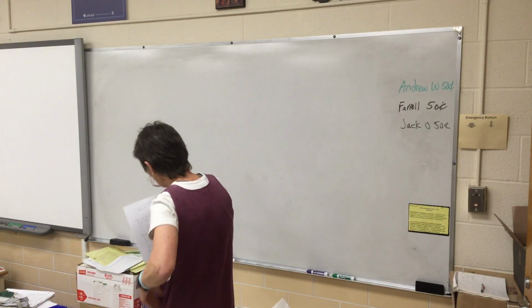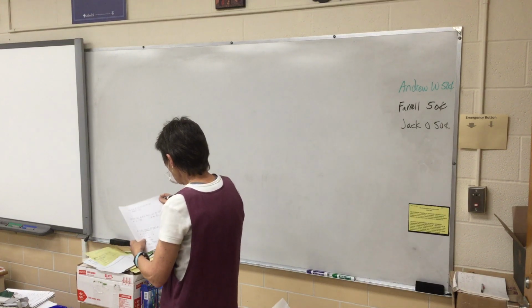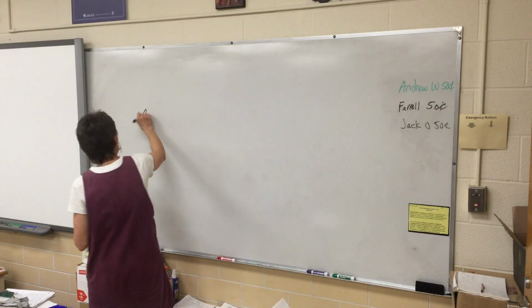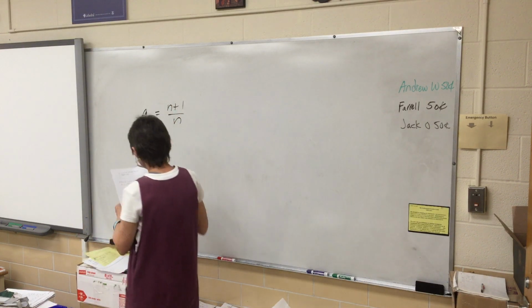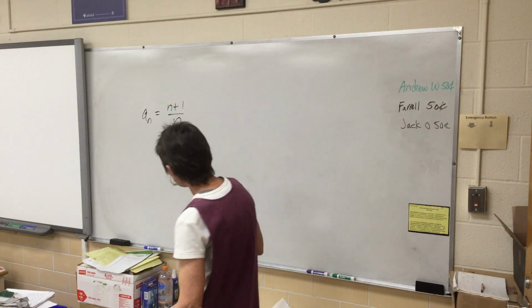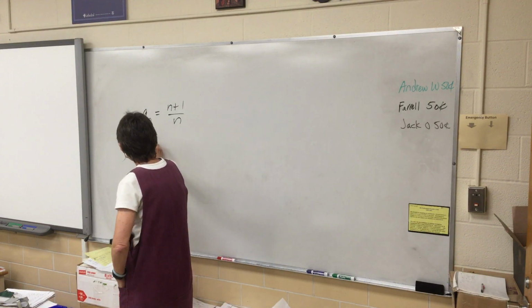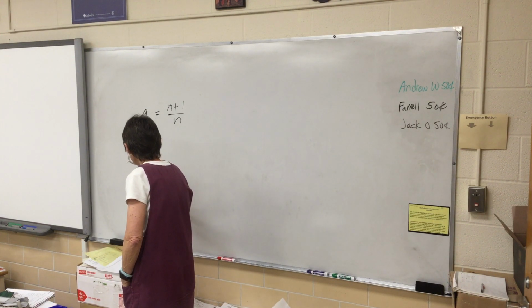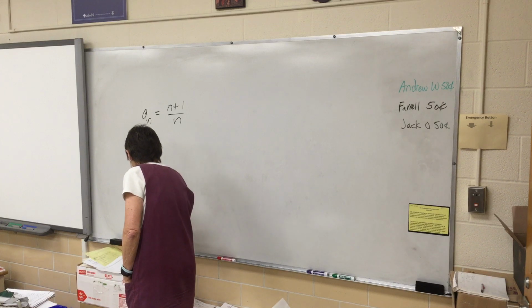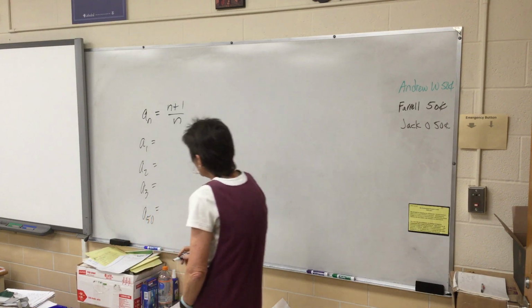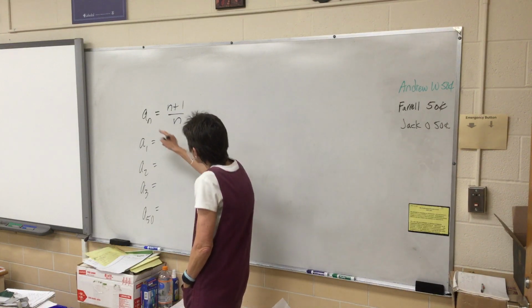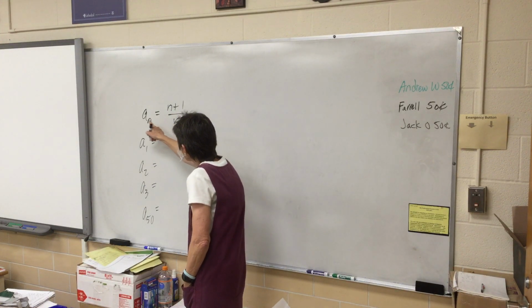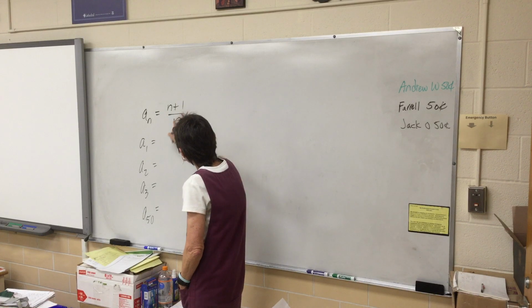All right, so in number 2, we've got some explicit formulas. These are not arithmetic or geometric, they're just formulas. And it says find the first 3 terms. So we're going to find a sub 1, a sub 2, a sub 3, and a sub 50, which we can do with an explicit formula. So here we go. What's a sub 1? We're just putting in ones. A sub 1, so n is 1.